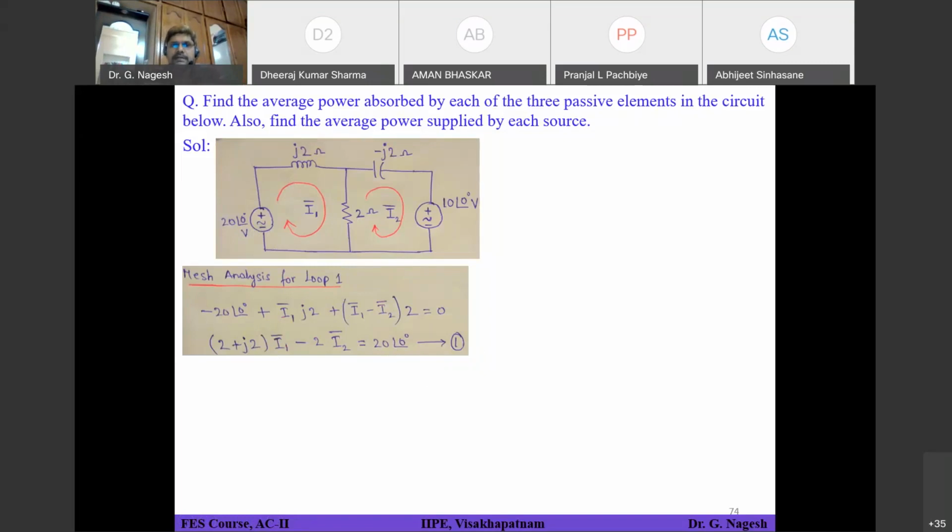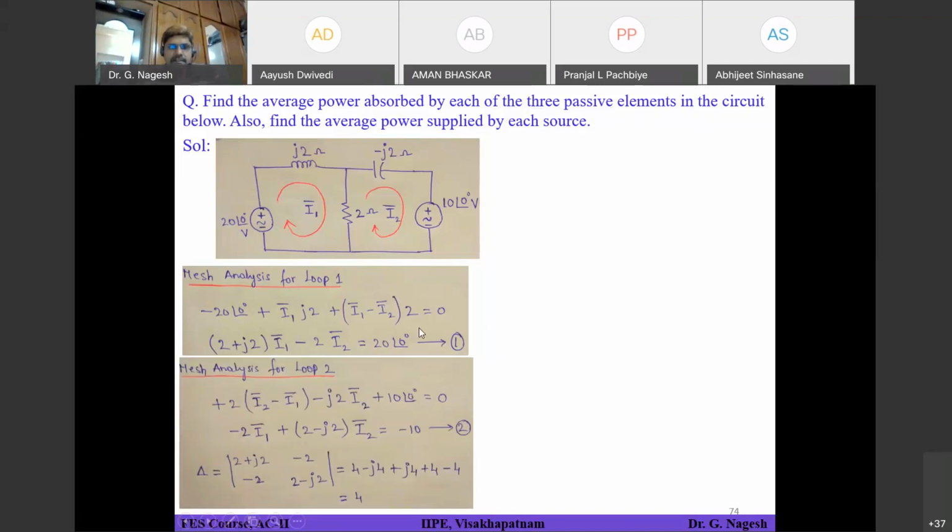Hello, you are able to hear me, right? Yes, sir. Okay, so did anyone get this equation or not? Yes, sir, I got. Okay. So what about equation 2 for mesh 2? We'll see that.